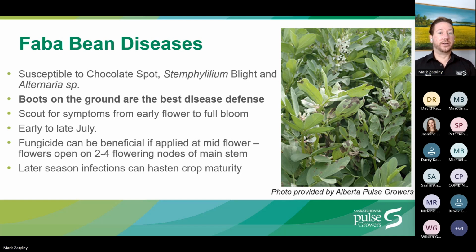So you really do want to make sure that you are on top of scouting, because as we're seeing, things that we thought were chocolate spot might not be. That is a very important thing to be aware of. But again, there are really good fungicides that can be applied to combat these diseases if caught at appropriate times.